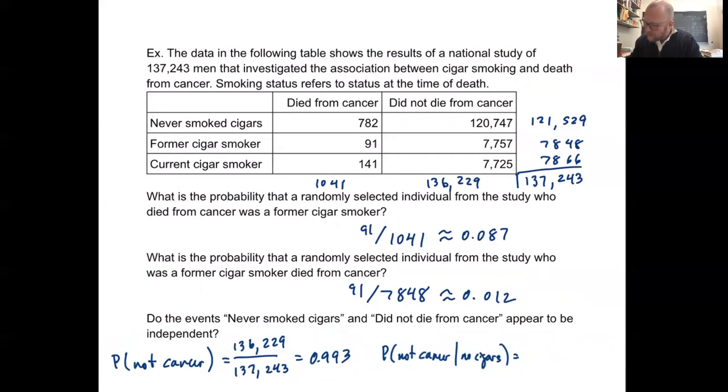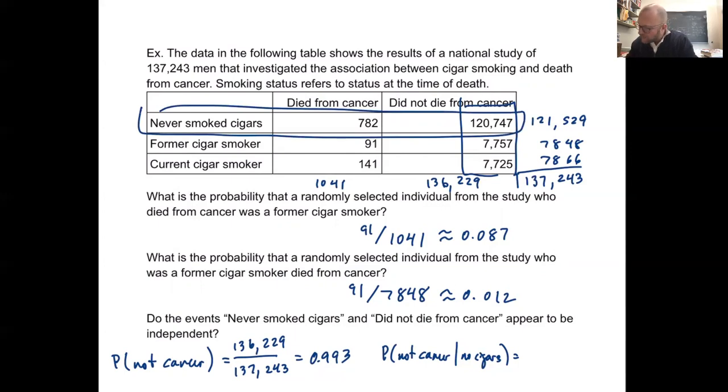Okay. So probability they did not have cancer and they did not smoke cigars. So that means that we have to be in this column here and did not smoke cigars. So we have to be in this row here, right?